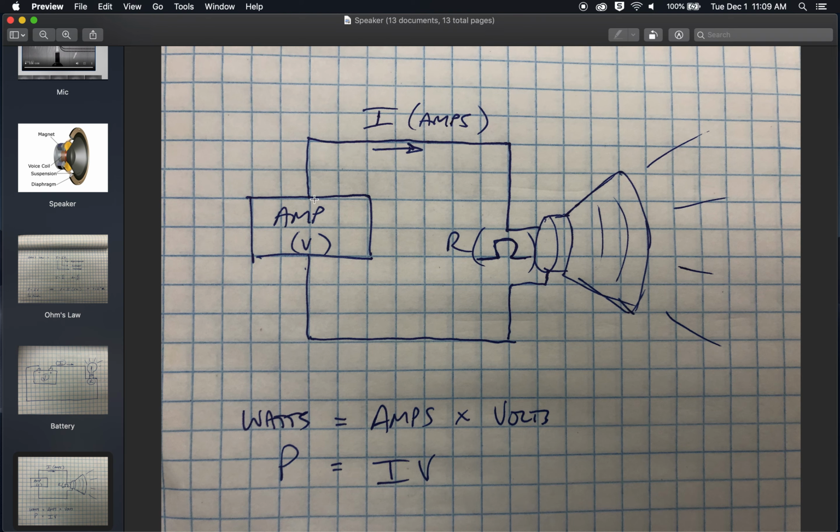It's just an electric circuit that on one end is coming out of the amp. The current is going through here, and all that voltage is being passed across the speaker and going back into the amplifier. So it's still just a closed circuit, right?